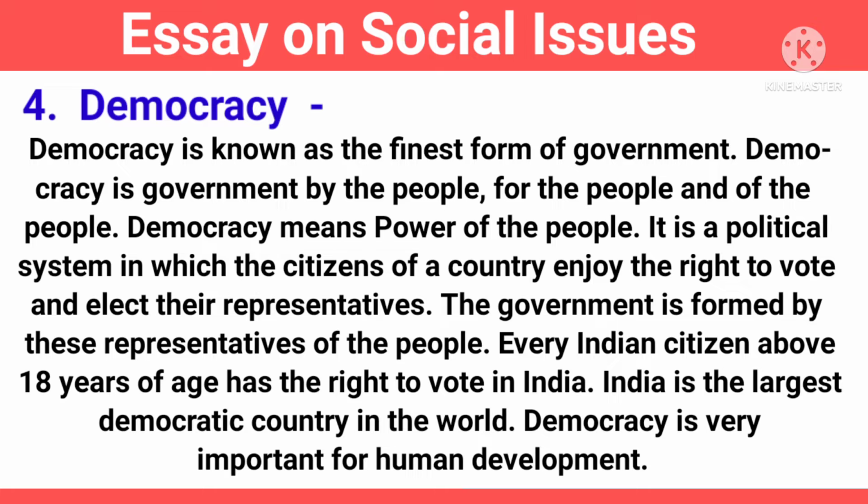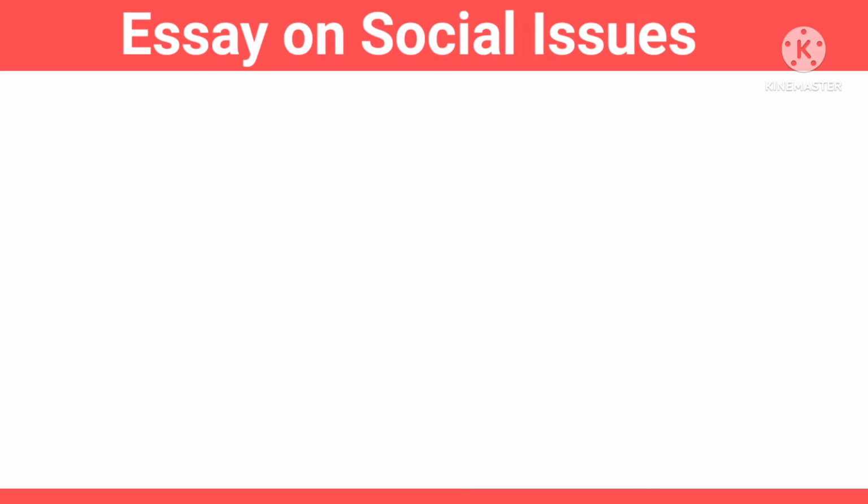The government is formed by these representatives of the people. Every Indian citizen above 18 years of age has the right to vote in India. India is the largest democratic country in the world. Democracy is very important for human development.